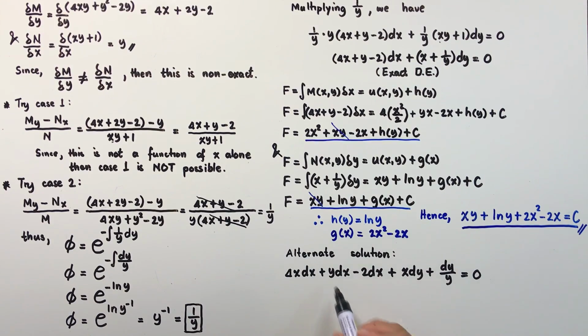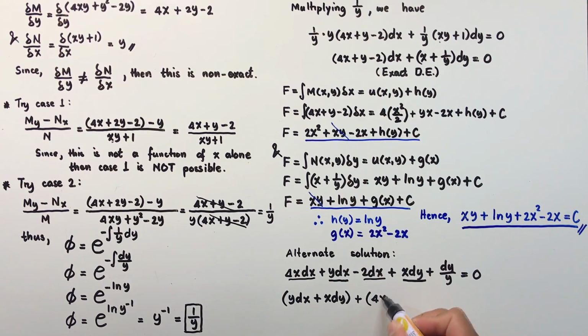And you notice that this one and this one form an integrable combination. So we may group them together as y dx plus x dy as one group. And then we also group this one, which is solely in terms of x, so we have plus 4x minus 2 dx.